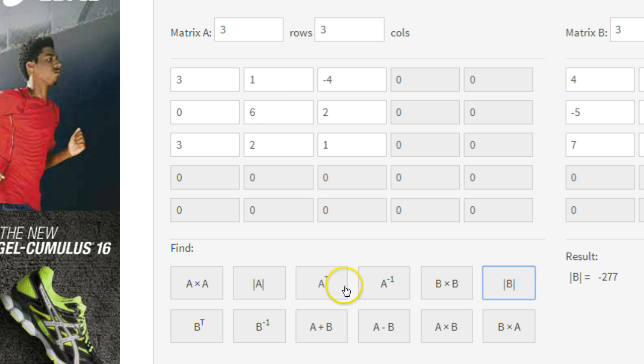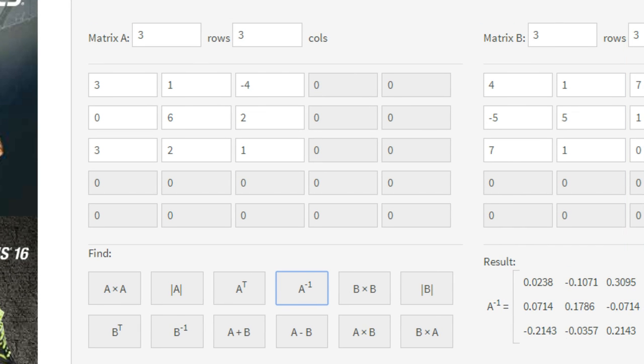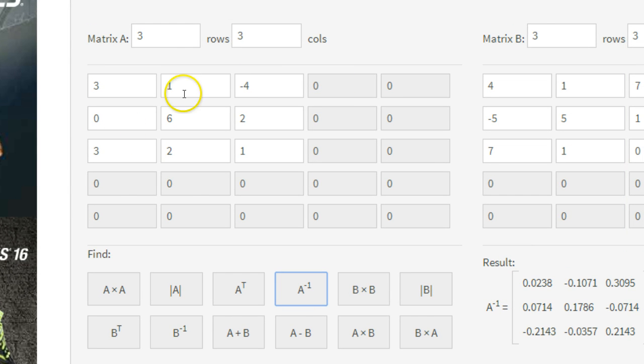So that's what's happening on your calculator when you're calculating the inverse. What I'm doing is taking the determinant, dividing it into 1, and then doing a little bit of magicalness in here, and doing the inverse.